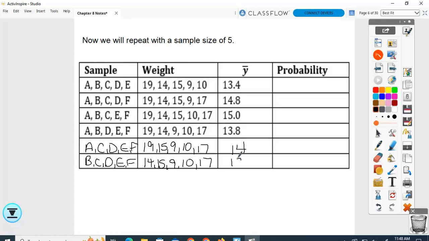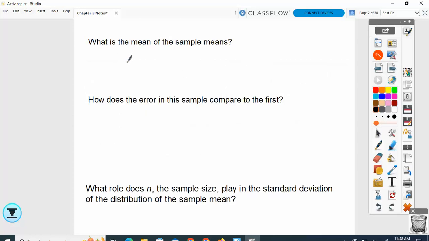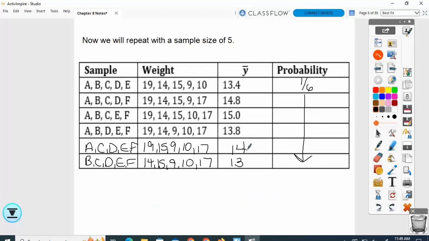Okay. So what's the probability of getting each of these weights? 1 out of 6. There's only 6 combinations here. So the probability of selecting each of those groups of pumpkins is just 1 out of 6. Alright, so let's see. What's the mean of those sample means? We have to add up all my Y bars.